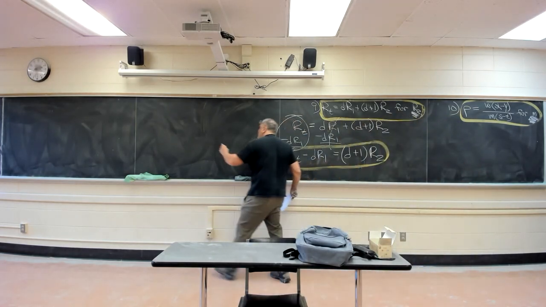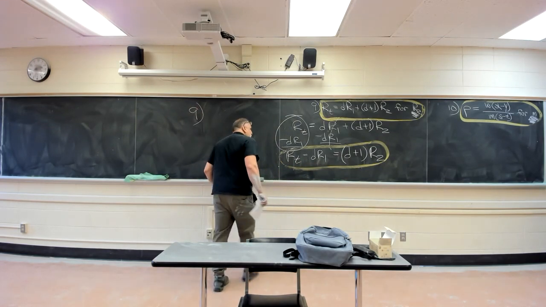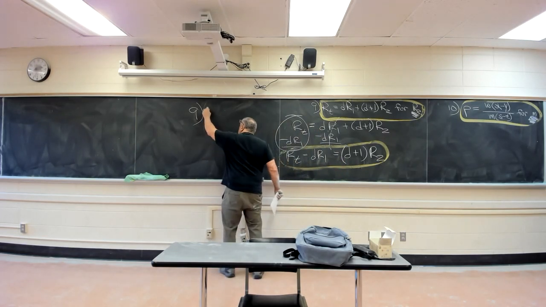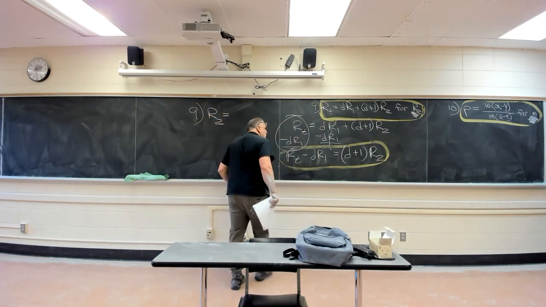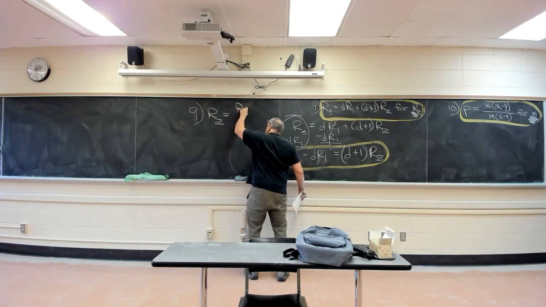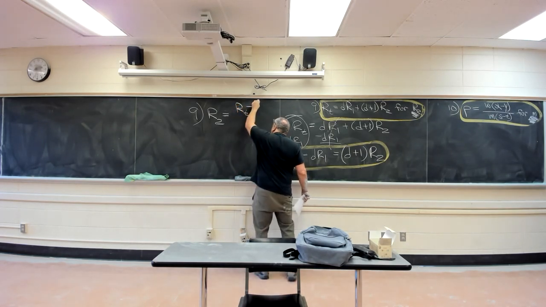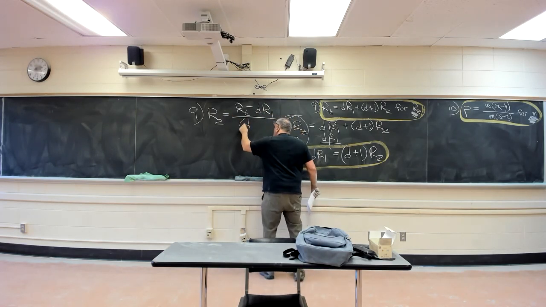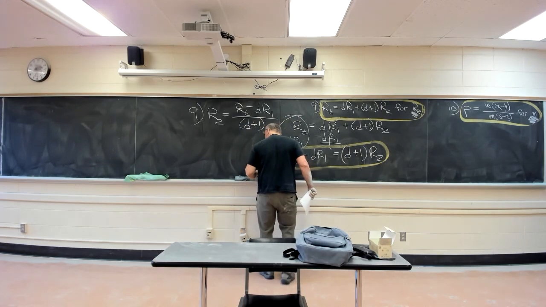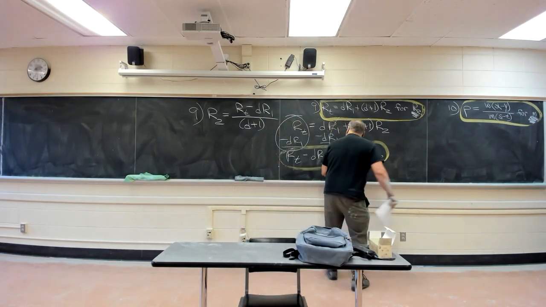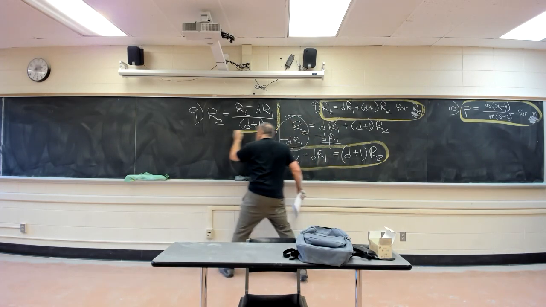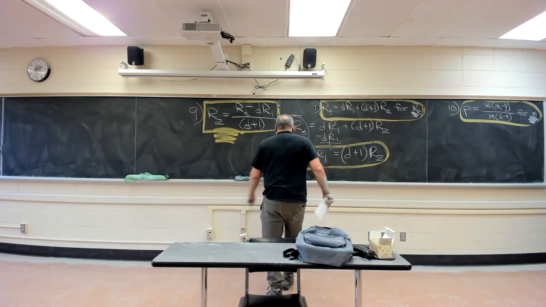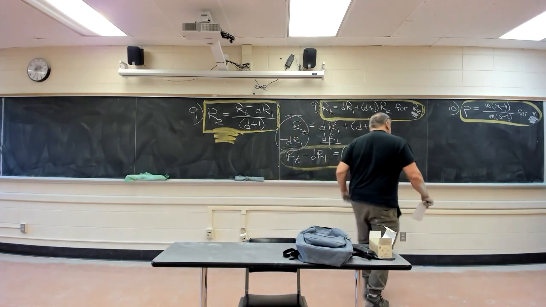So for number 9, this whole thing ends by taking this and dividing by the quantity D plus R1 on each side. And there you go. Looks pretty good.